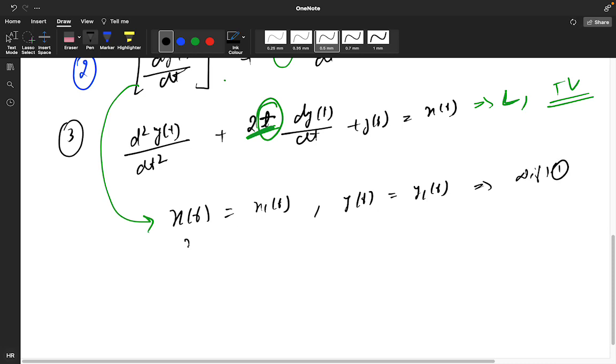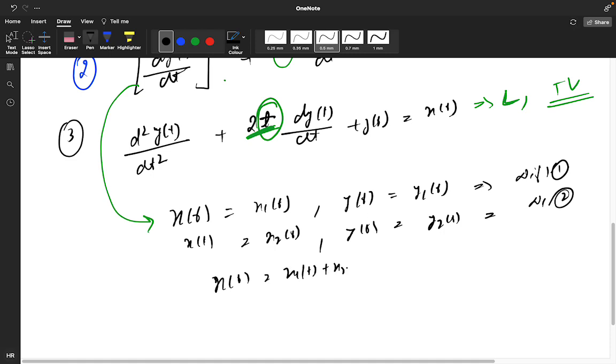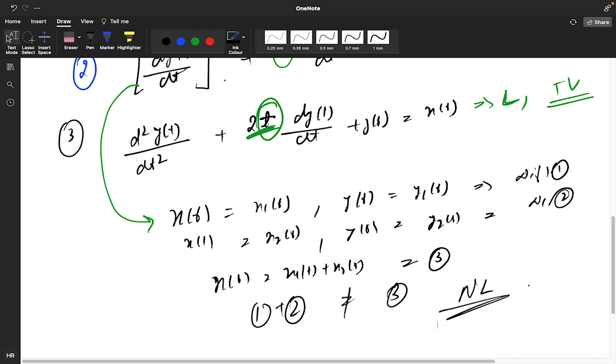Then you put x(t) equal to x2(t) and y(t) equal to y2(t) in differential equation 2. Then you substitute x(t) equal to x1(t) plus x2(t) in the third equation, and you do equation 1 plus equation 2. If these do not match equation 3, that means non-linear.